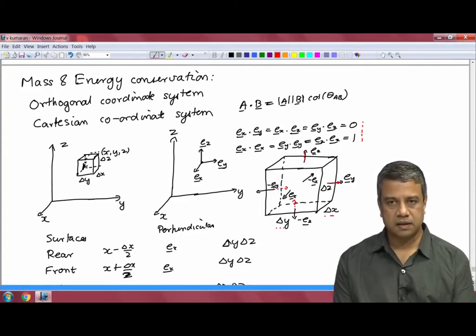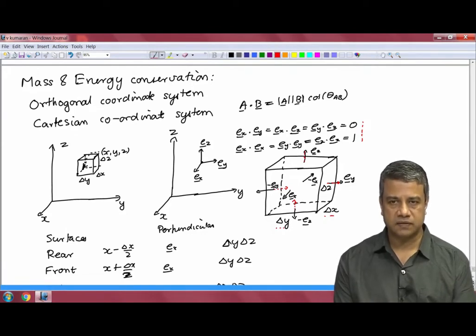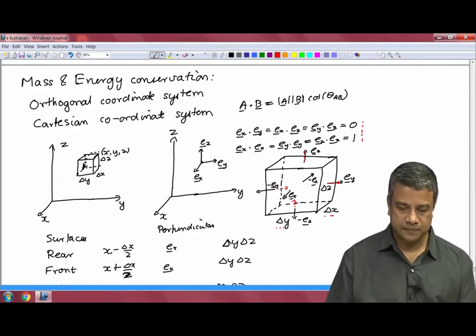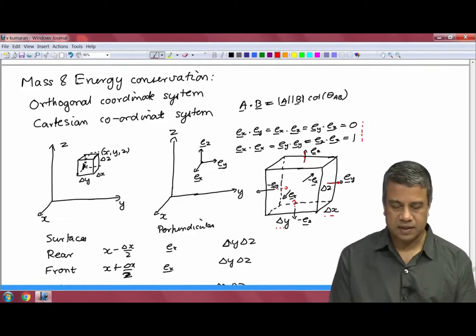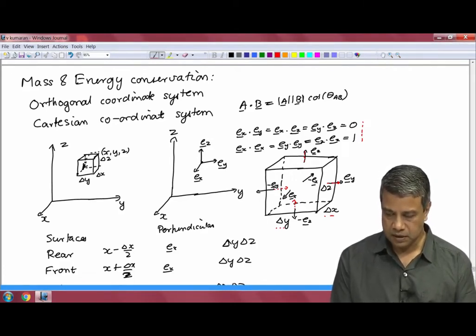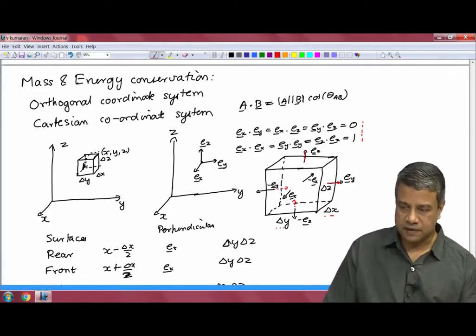We had taken a cubical volume of side delta x, delta y and delta z, which was bounded by 6 surfaces, 2 perpendicular to the x axis, the front and the rear surfaces, 2 perpendicular to the y axis, the left and the right surfaces, and 2 perpendicular to the z axis, the top and the bottom surfaces. The unit vectors at each of these surfaces are shown in the figure here on the right.